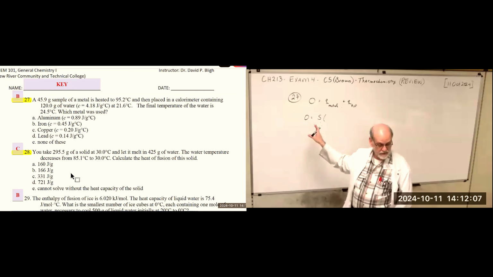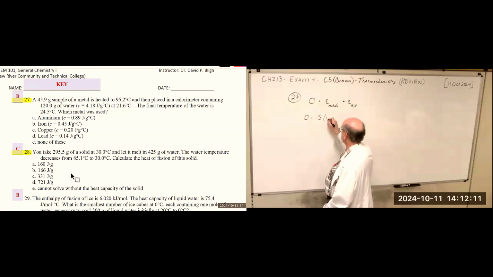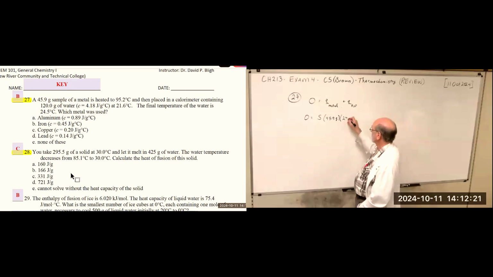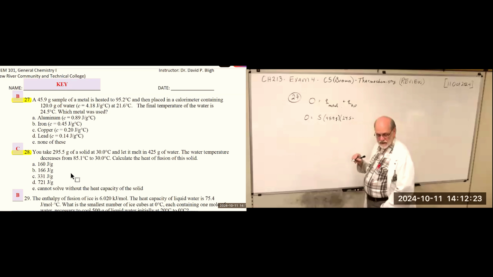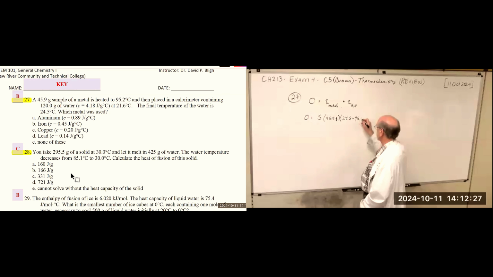The specific heat is the unknown. Times its mass, which is 45.9 grams, and then delta T. So the final temperature is 24.5 degrees, and the initial temperature was 95.2 degrees for this metal. Okay. So that's this term.